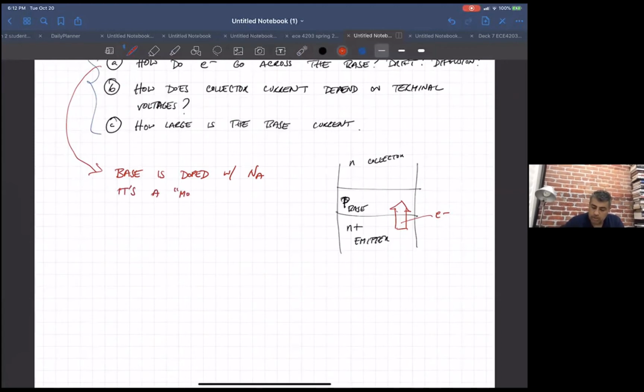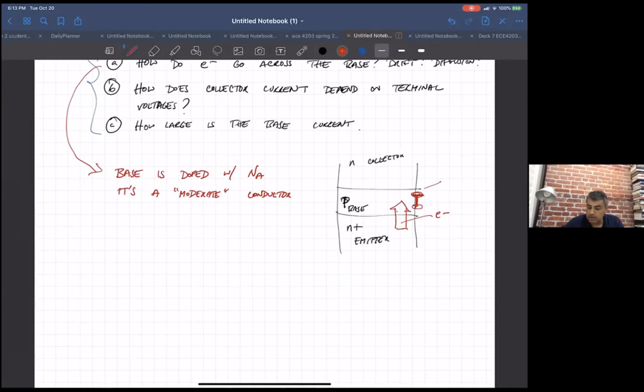That means a pretty good conductor, and it means that the base can't support an electric field. If you put a voltage here on the base, you won't get a difference between these two points because you get very good conduction between them.